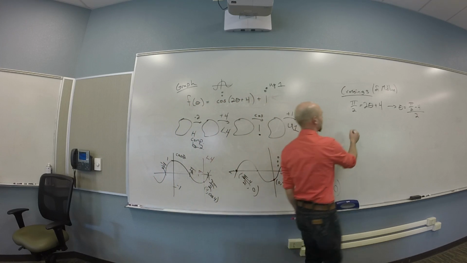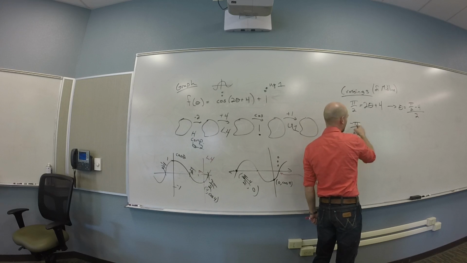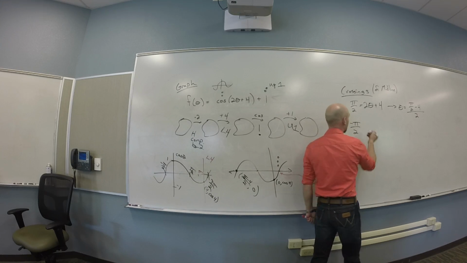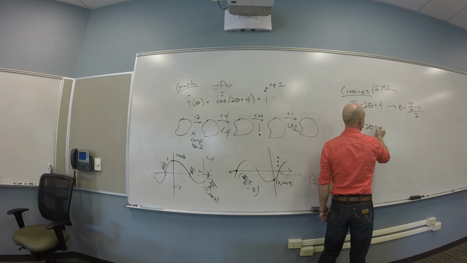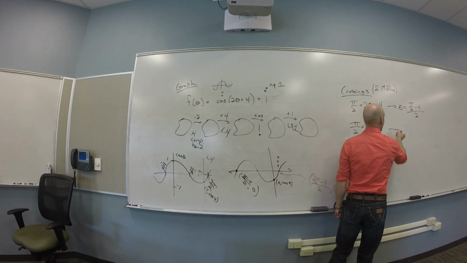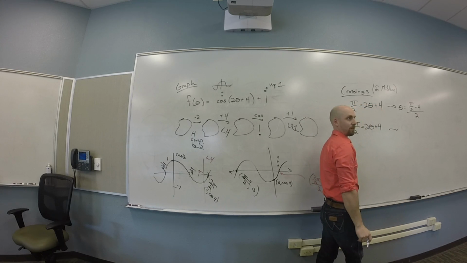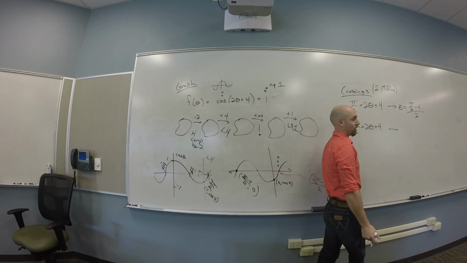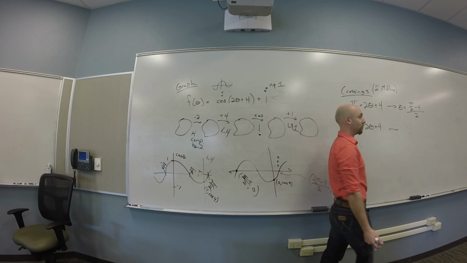So the next one, the other one I had looked at was minus pi over 2, right? So take minus pi over 2, set it equal to 2 theta plus 4, solve. You guys notice you're applying the same function every time here? You're going to apply the subtract 4 and then divide by 2 function.